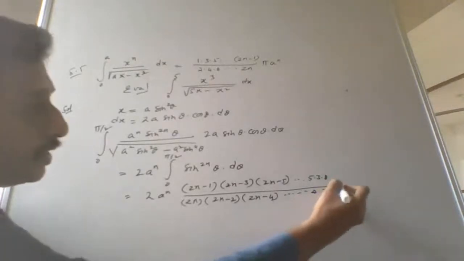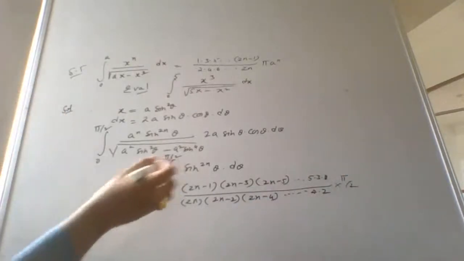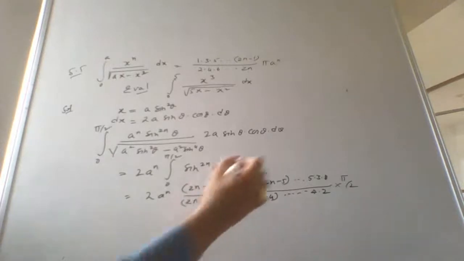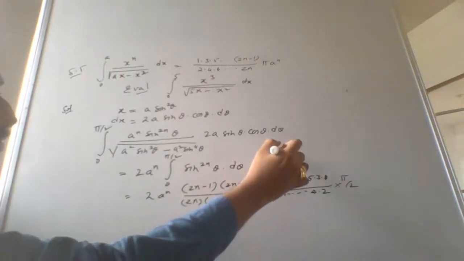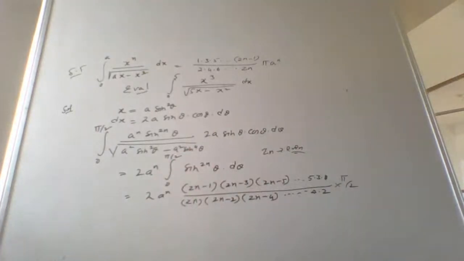And don't forget the pi by 2, because 2n is even here. Let us finally put the answer here.